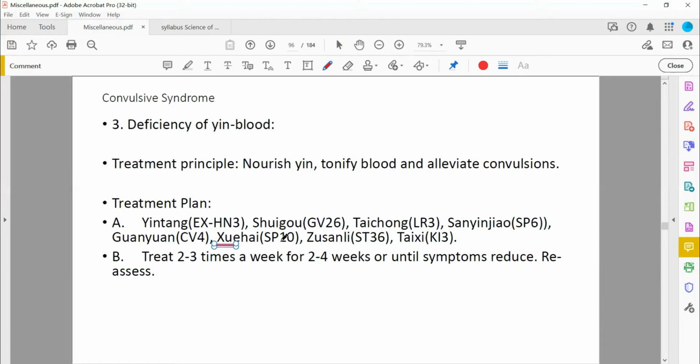Right. There's blood heat, blood cold, blood stasis. We use this one. But if you use it for deficiency of blood, you know, still okay. And there's a good way to tonify blood, that is tonify the middle jiao, right? Tonify the middle jiao.